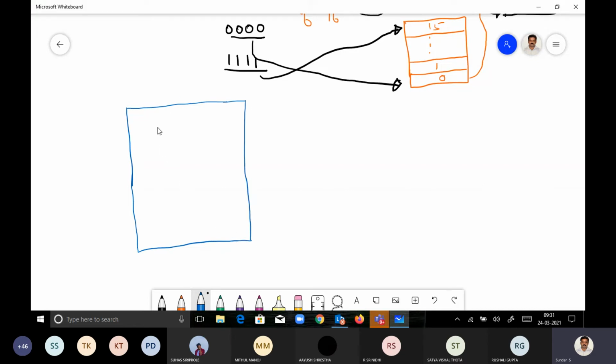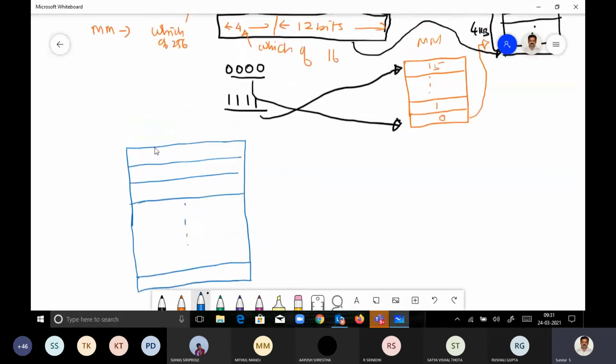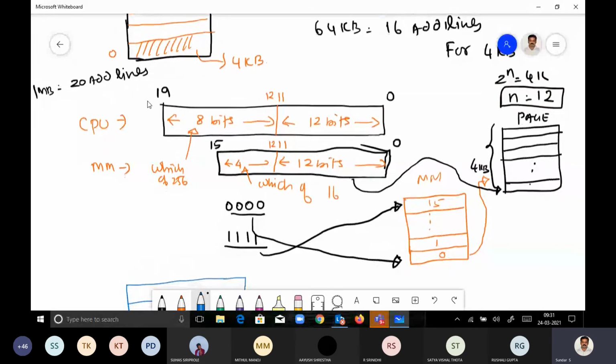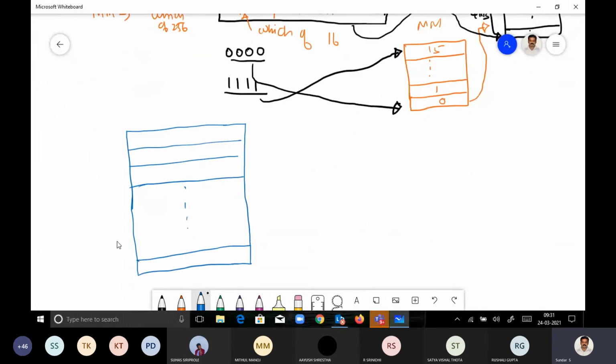So they are creating a table. Table means there are rows and columns. How many rows are there? That depends on how many pages are there in the disk memory. How many rows in the table depends on how many pages.